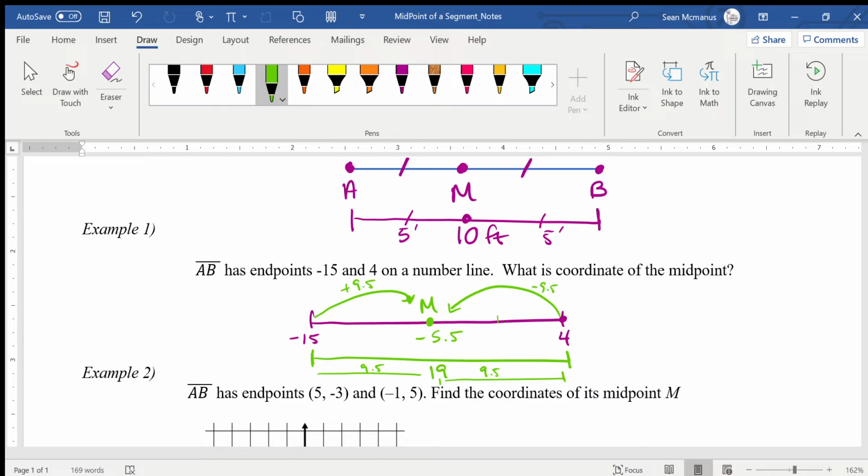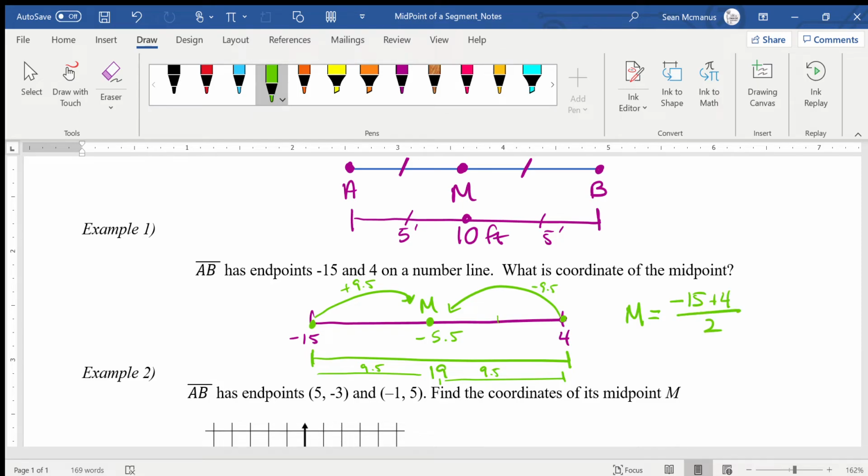Well, luckily for us, there is an equation. If I want to know what the midpoint is between those 2 points, it's right in the middle. If I have 2 numbers and I want to know what's in the middle, I take the average. And so the way we take the average is we add them up, then we divide by how many. So if I want to know what's in the middle of -15 and 4, I'm going to add them up and divide by 2, because there's 2 of them.